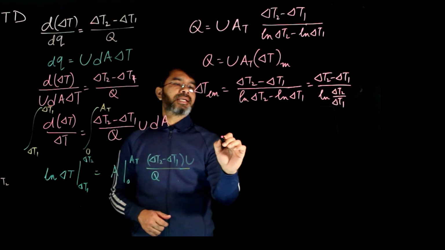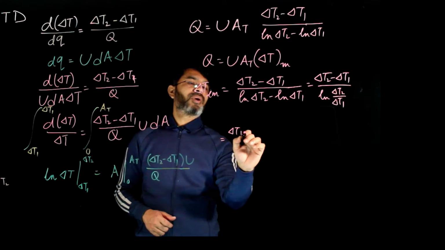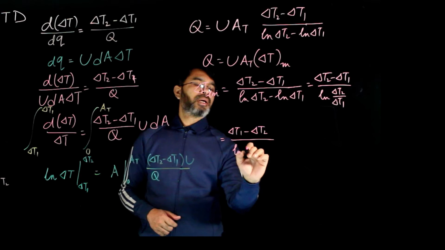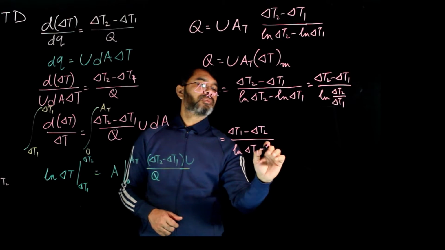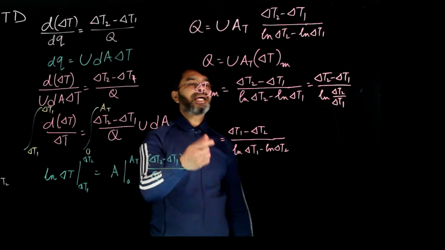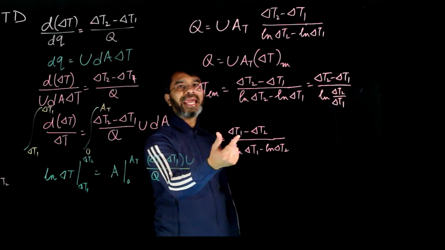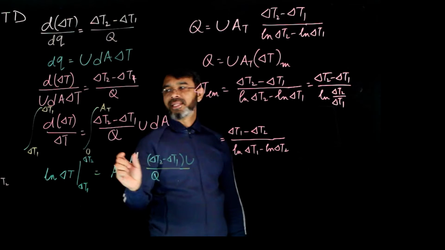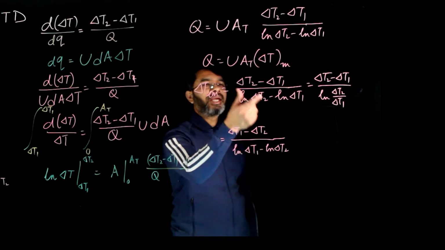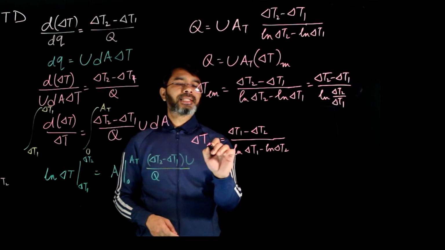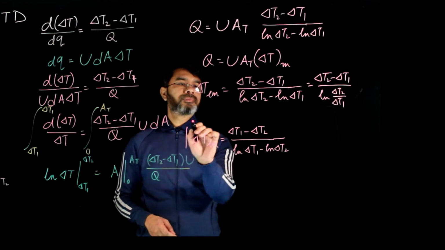You see that this is the same as delta T1 minus delta T2 over ln of delta T1 over delta T2. So it does not matter how we define end 1 and end 2, that becomes arbitrary. As long as you define these two ends as 1 and 2, you can use either form of this equation. So that's the formulation for delta T log mean.